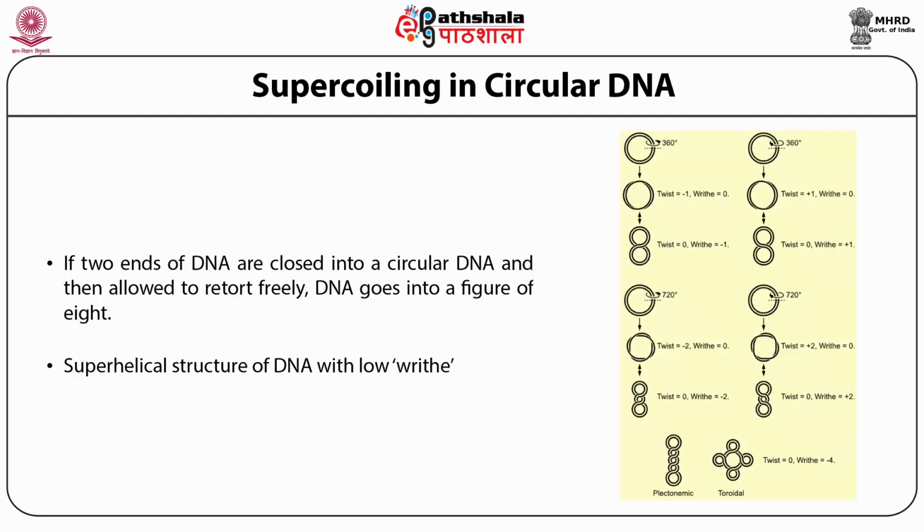First, there is no supercoiling, then twist -1 writhe 0, then twist 0 but with -1, twist +1 with 0, twist 0 with -1, and some higher order, twist 0 with -4, twist 0 with +2, twist 0 with -2, and so on. Very interesting structures are formed.